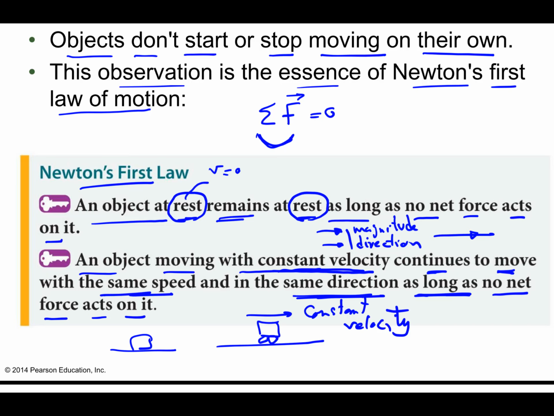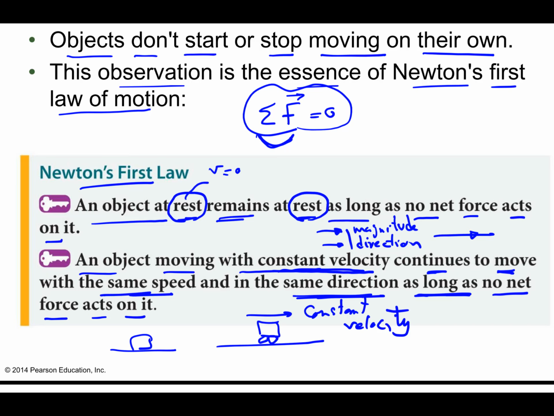So Newton's first law discusses the summation, or the net force, acting on an object equals zero. The object at rest will continue at rest, and an object moving with constant velocity will continue moving with constant velocity.